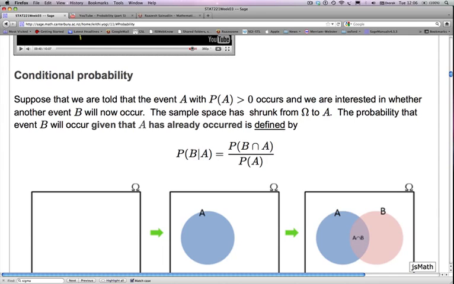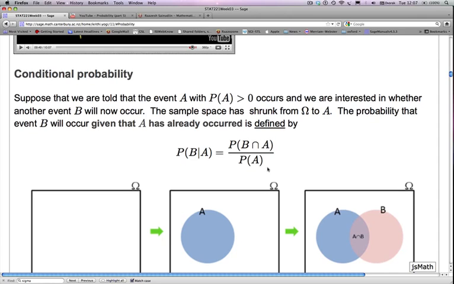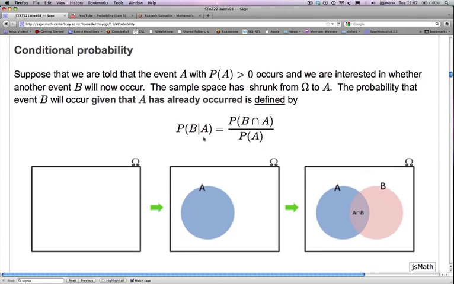The probability of event B occurring given event A has occurred is equal to the probability of B intersection A divided by the probability of A. So in other words, all we mean by the conditional probability of B given A, which is the left-hand side, is the probability of the intersection of B and A divided by the probability of the thing that just happened.